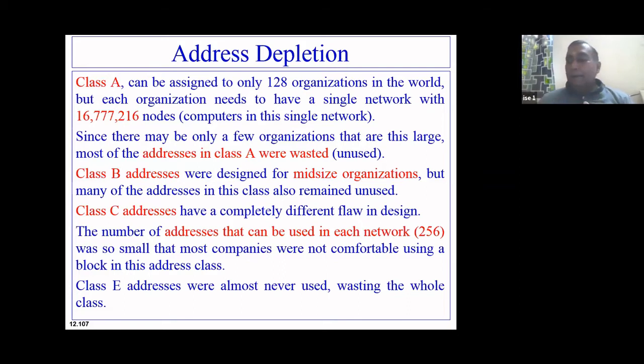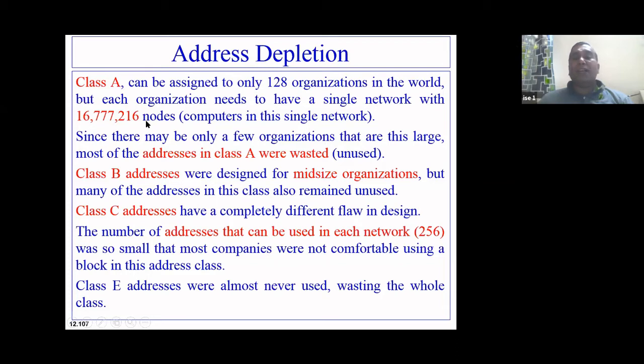So class A addresses can be allocated to 128 organizations across the world. 128 organizations only, because 7 bits means 2 to the power 7 means 128 organizations. But none of the organizations will have this many connections.